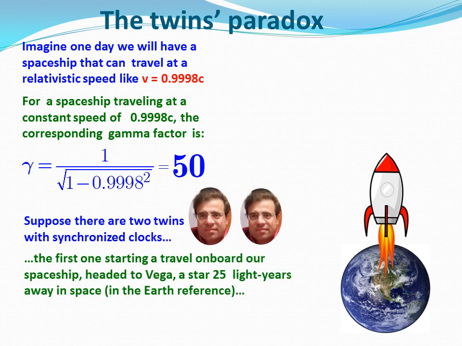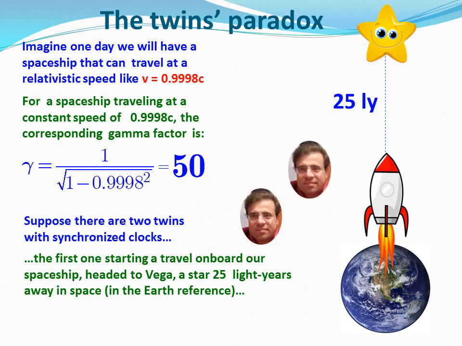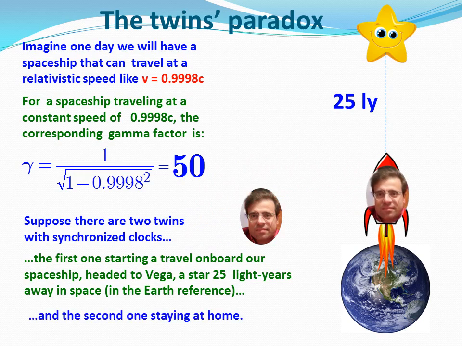The first twin, starting a travel on board our spaceship, headed to Vega, a star 25 light years away in space as measured in the Earth reference. And the second one staying at home.